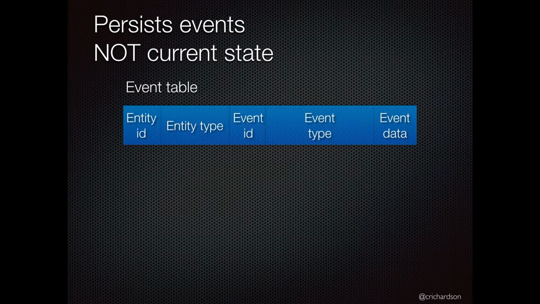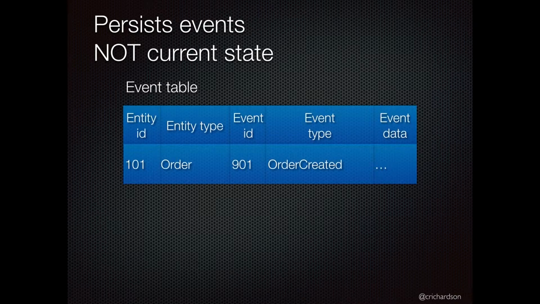So at least conceptually, you can think that there's an event table where for every entity, there are one or more events of certain types which have some data. Simply speaking, you could think of the data as sort of a JSON blob. So when an order gets created, we insert an order created event.